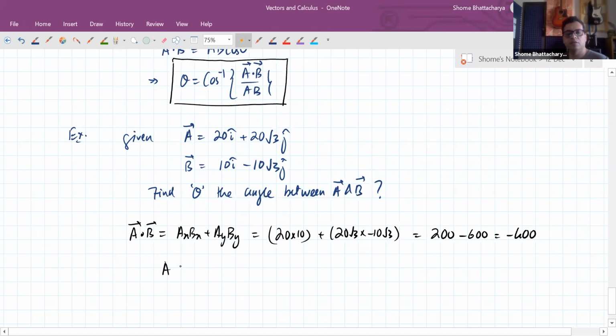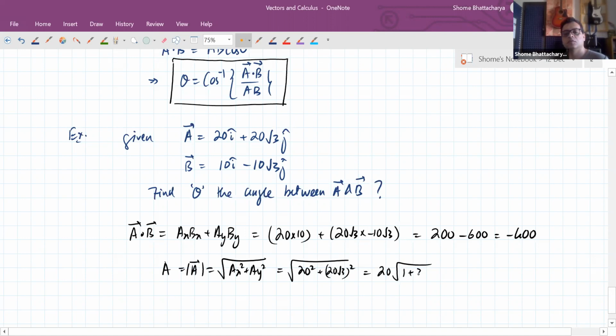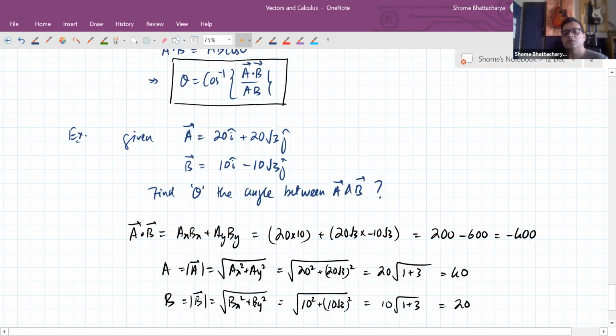Whereas magnitude of A, okay, so that will become 40. Magnitude of B is 20.